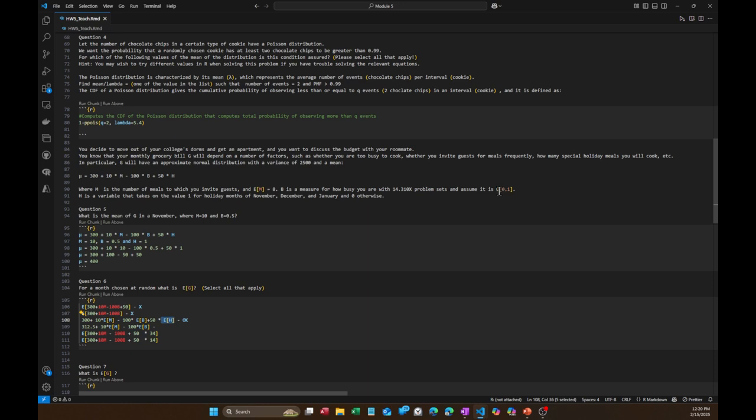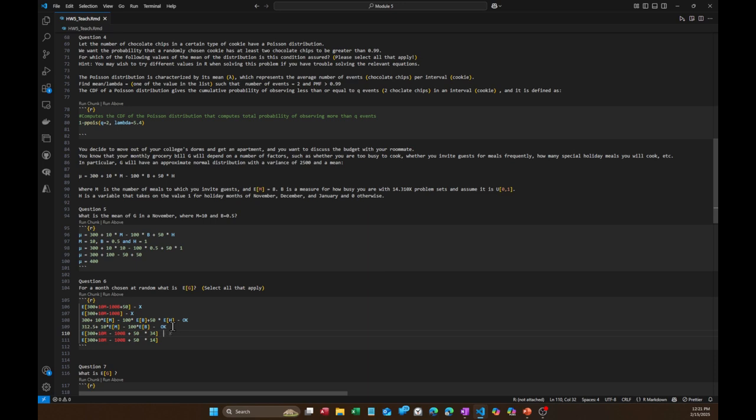H is a uniform distribution between 0 and 1. Now, if it's a uniform distribution, then the expectation of a uniform distribution on 0 to 1 is 0.5. And if you multiply 50 times 0.5 and add it to 300, then it's going to be 312.5. So this is also okay.